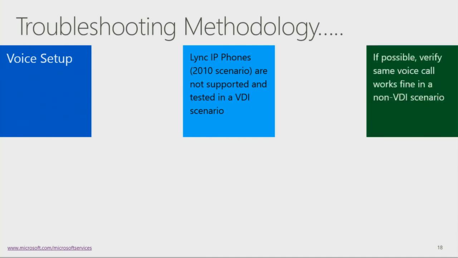Next, this is critical, because if you verify that the same voice call works fine in a non-VDI scenario, then you know the issue is due to the VDI environment or that local machine.